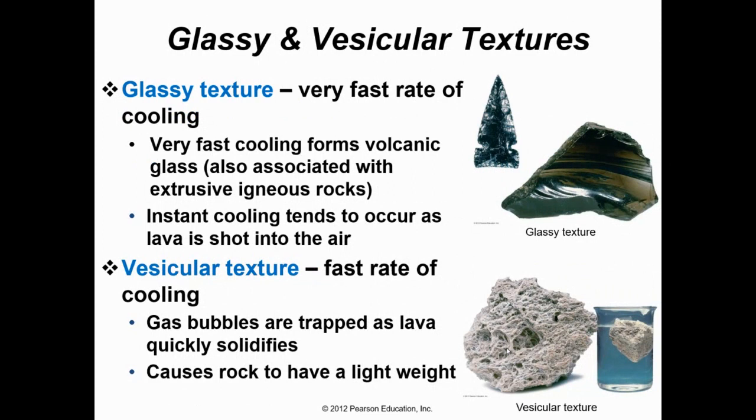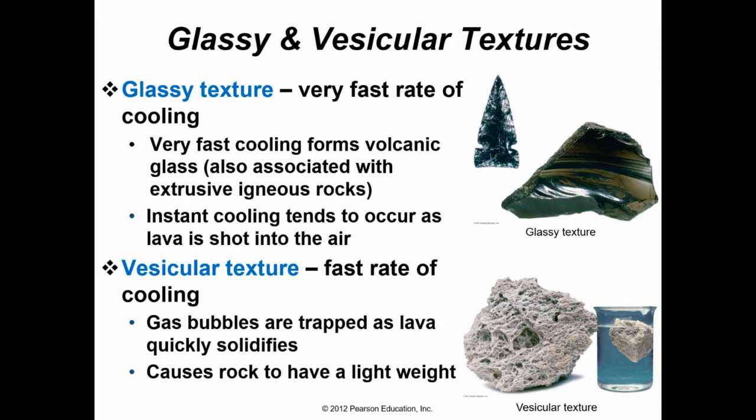Okay, and then a couple other types of textures, igneous textures, are glassy. So glassy textures represent a very fast rate of cooling, almost instantaneous. Okay, this is basically material that has been discharged from a volcano. Okay, so usually molten lava.